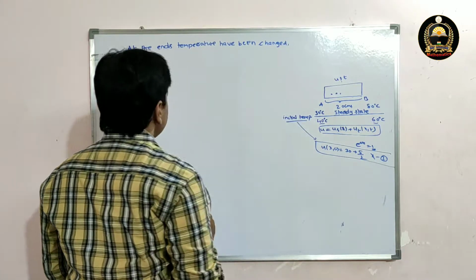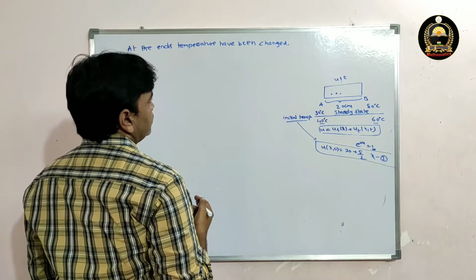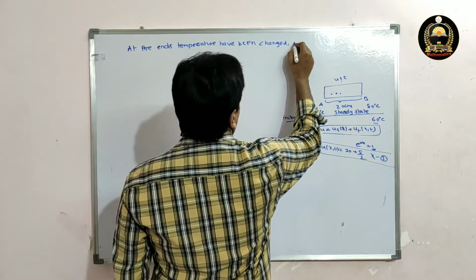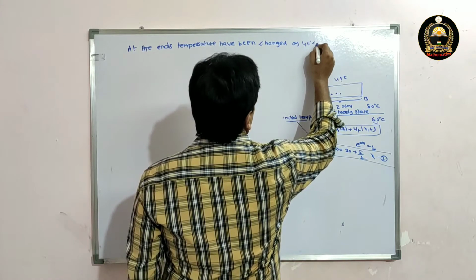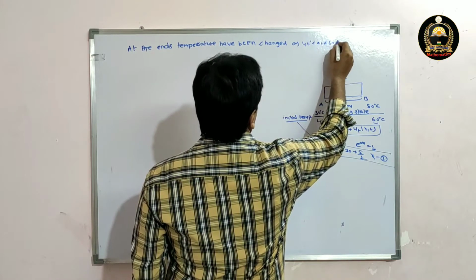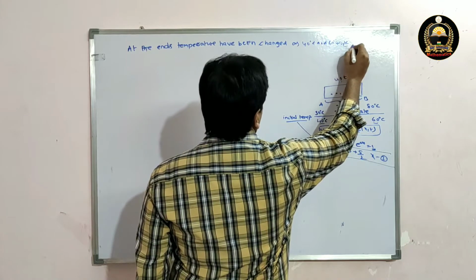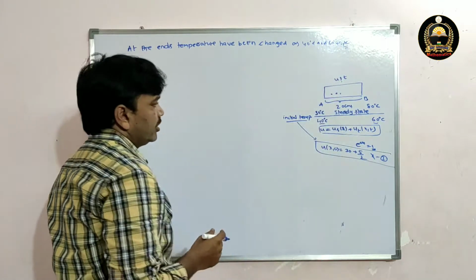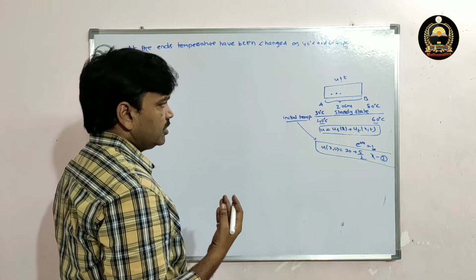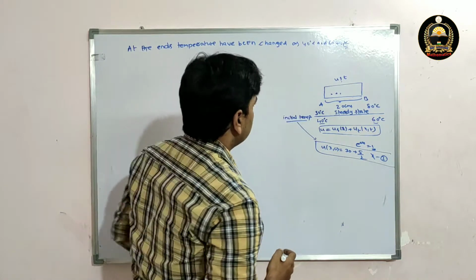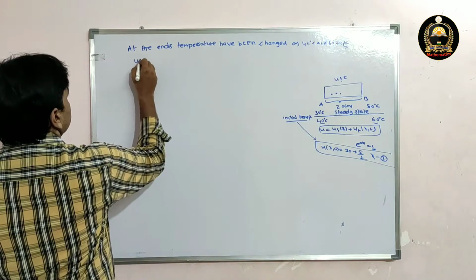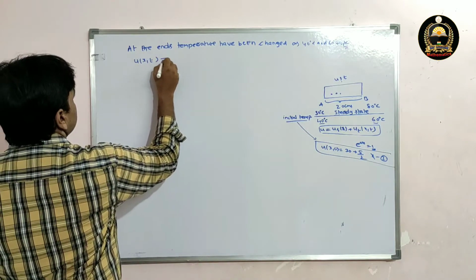Okay, students, at the ends temperature has been changed as 40 degrees centigrade and 60 degrees centigrade respectively. Now we are finding here the u value, that is u of x comma t.